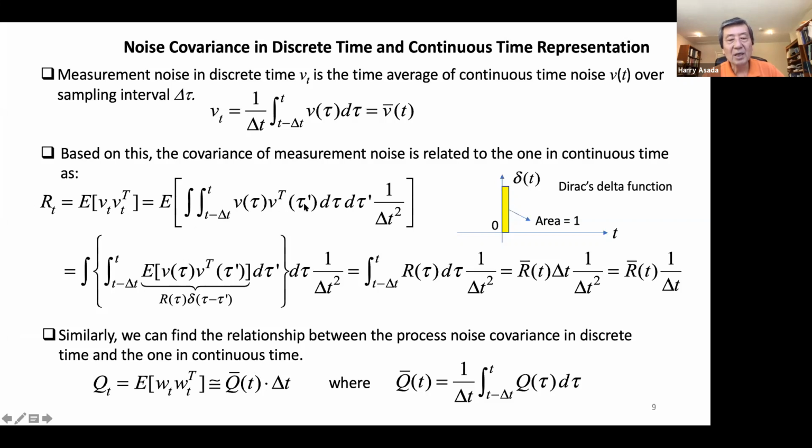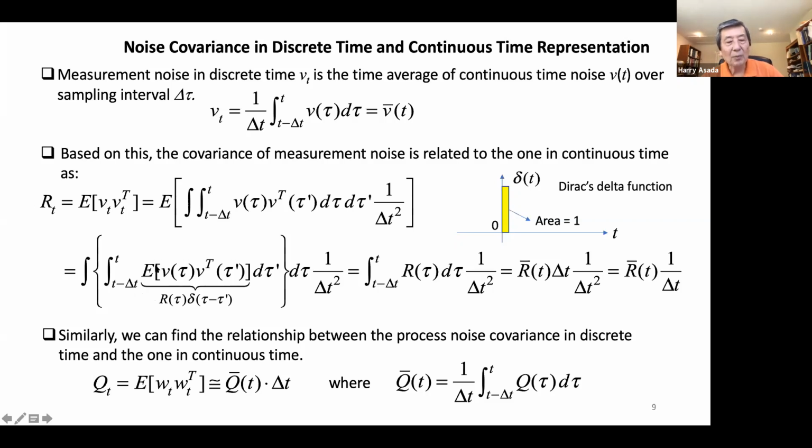So I use tau prime as opposed to tau. So two integrals are involved. For the first part, let's look at this situation, putting the expectation inside. We basically get this expression, E of V(tau) V transpose(tau prime), and then we integrate this over the interval delta t.